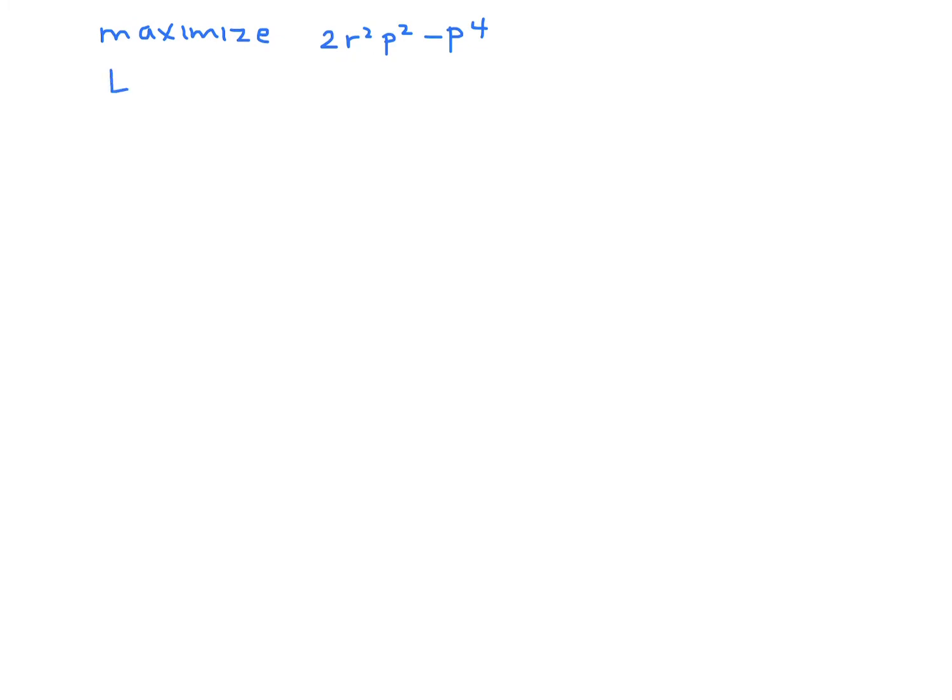Now to make things a little bit easier to understand, I'm going to let p squared equal x. And when I do that, things are going to look a little bit clearer. So that means this is going to be minus x squared plus 2r squared x. All right? Now, the reason I did that is because this is basically a parabola, if you make it into an equation, right?